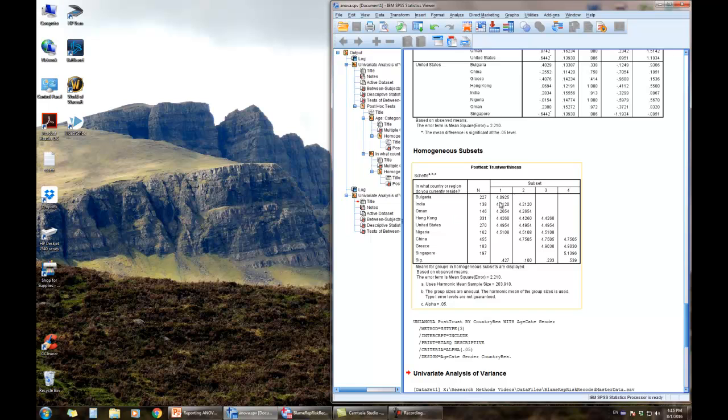So if we look at these, we can see 4 meaningful separations in the groupings. The order of the means goes from the first group, where trustworthiness was at the lowest, to the group where trustworthiness evaluations were the highest. So if you want to think about it, Bulgaria, India, Oman, Hong Kong, the US, and Nigeria, their respondents rated trustworthiness the worst after a crisis.